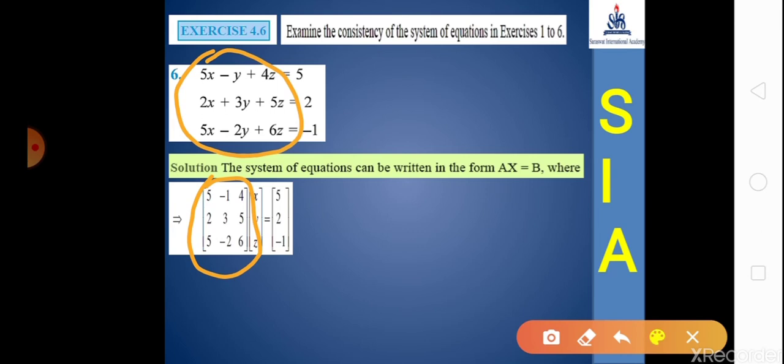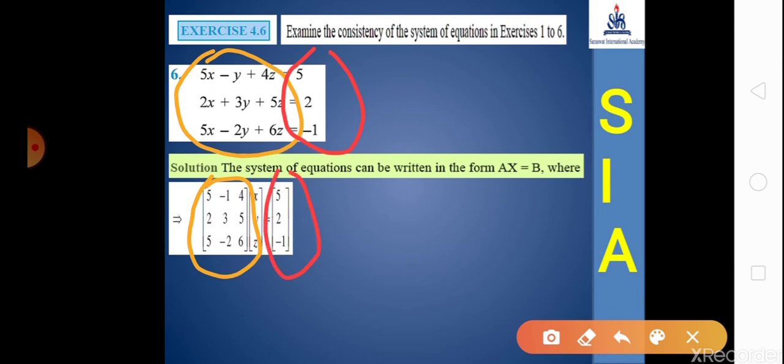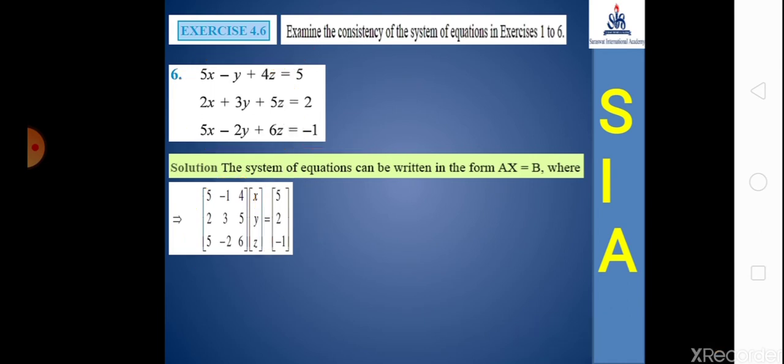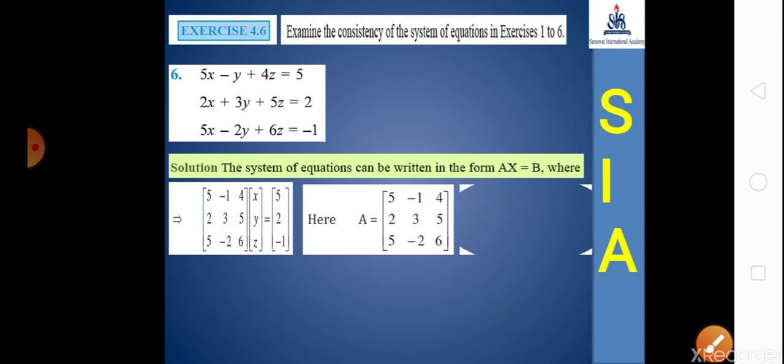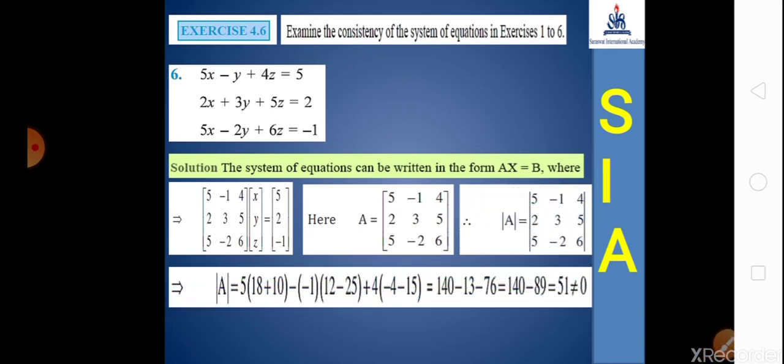And the right side values, students, 5, 2, minus 1, you always put column-wise. After that, represent in this form determinant A.